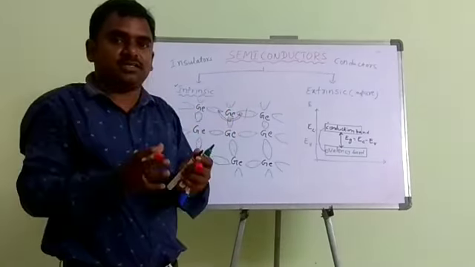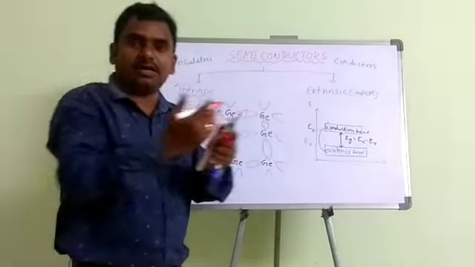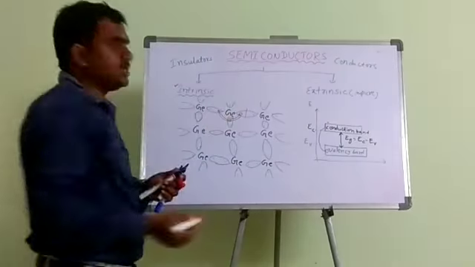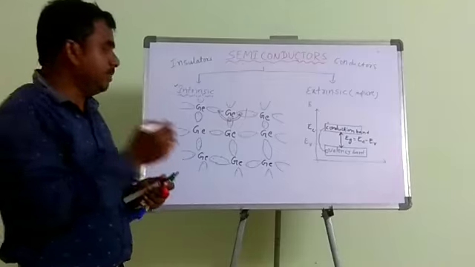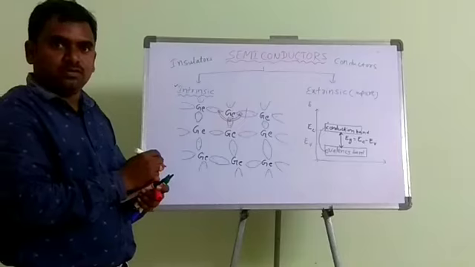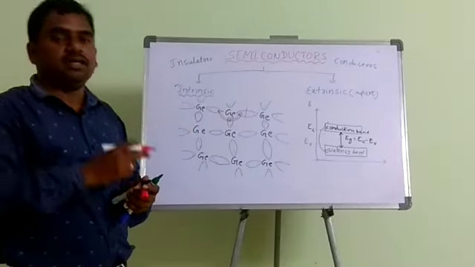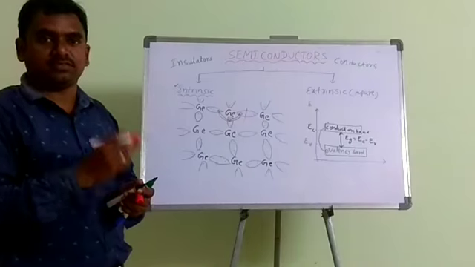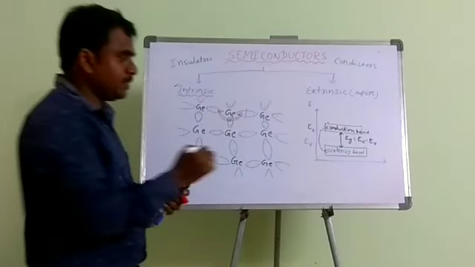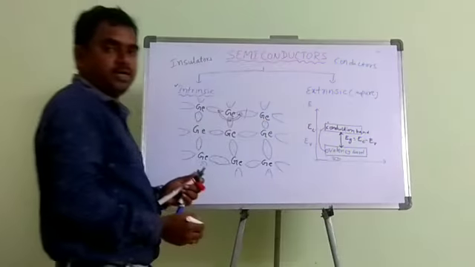In the total structure, in one direction electrons are going, and in the other direction holes are moving. Because of that, in semiconductors, the electrical conductivity is based on both electrons and holes. That's why in semiconductors, hole current exists and electrical current also exists. And if we take an intrinsic semiconductor, these are the electrons participating in the covalent bond.